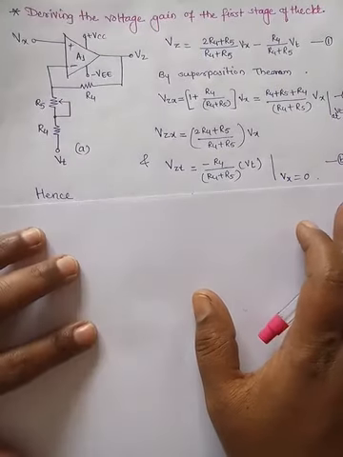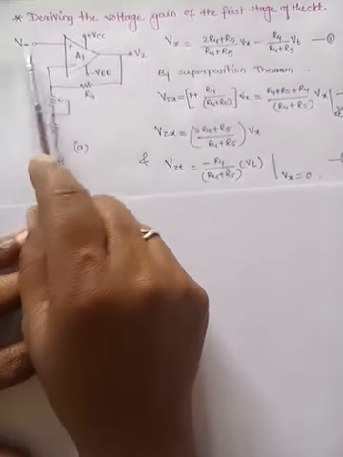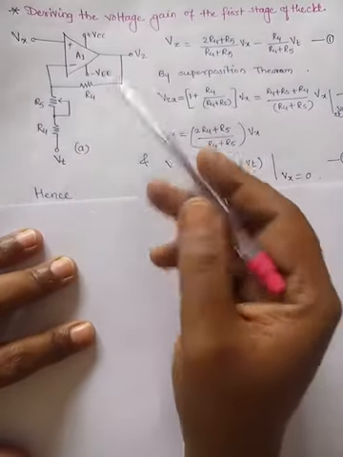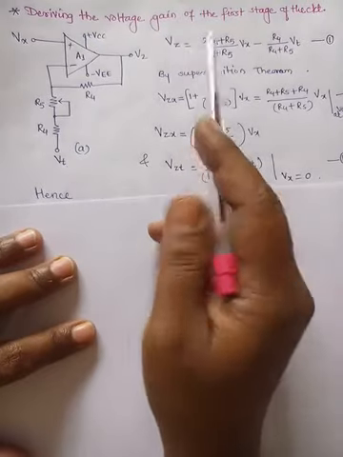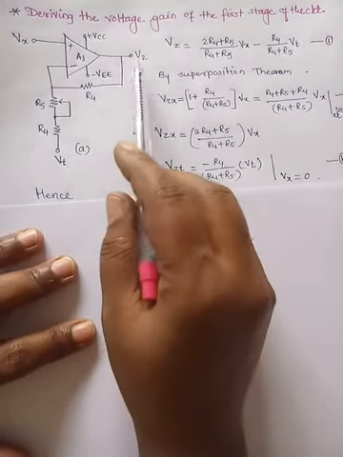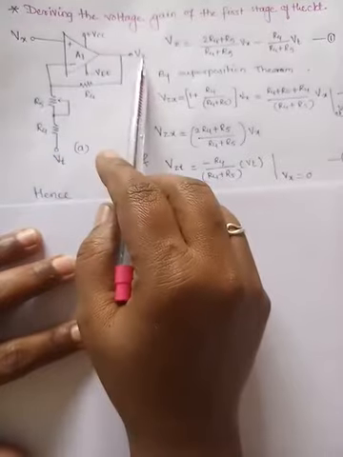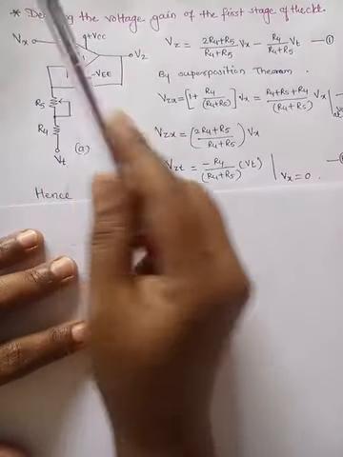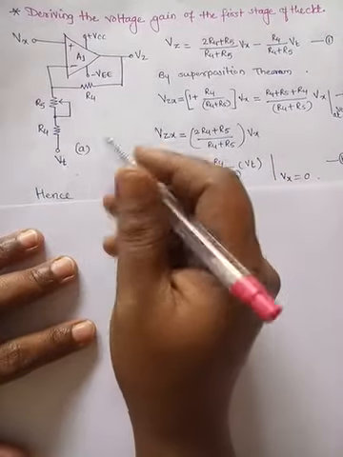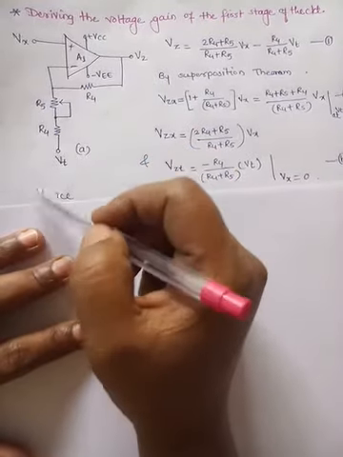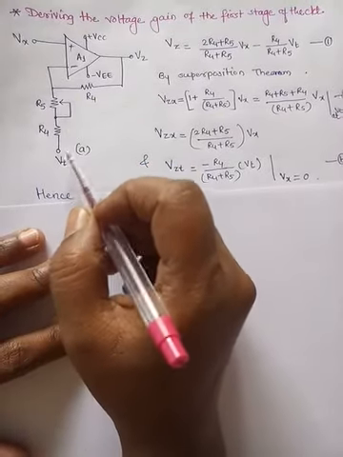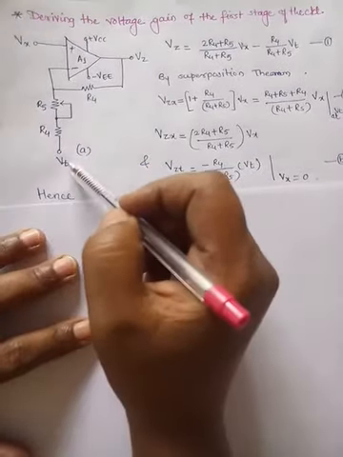This is our first op amp A1 having one input Vx, and another input Vt, which is because of the Vy source. We can write the Vz voltage with the help of the superposition theorem. First consider only Vx present and Vy equal to 0. If Vy is equal to 0, obviously Vt voltage is equal to 0. So Vx is present, which means Vt is 0.